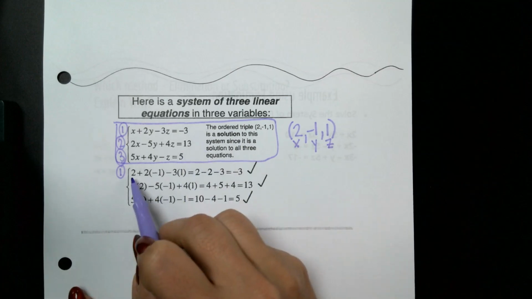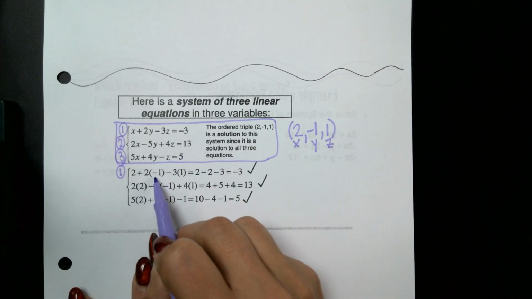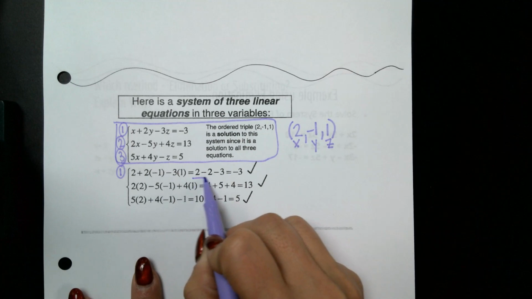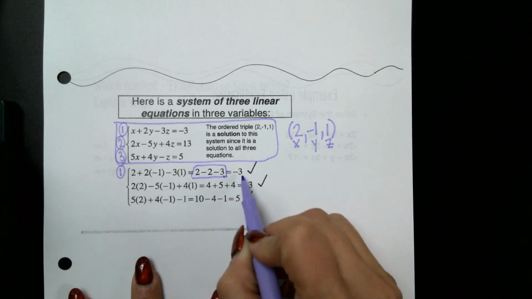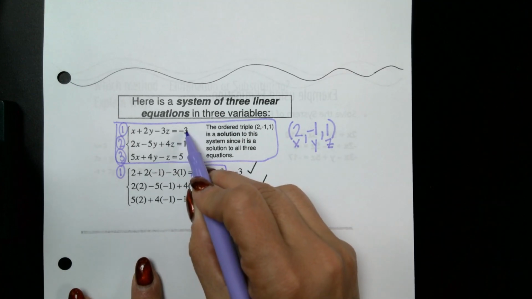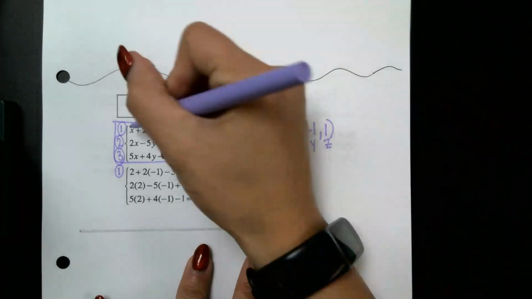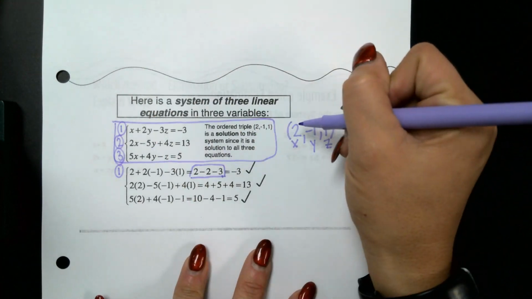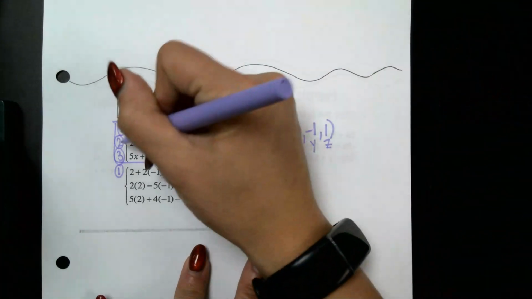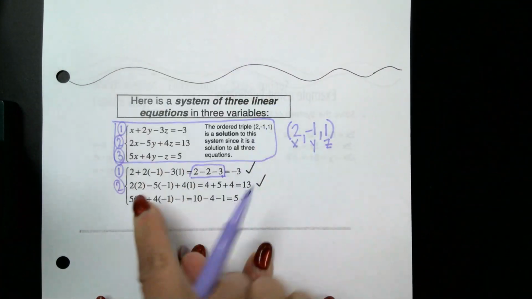So look at what they get. 2 plus -2 minus 3, and they get an answer of -3, which is what it said we would get. So I know if I plug this ordered triple into this, I get the right answer. If I plug it into equation 2, it's also going to work.